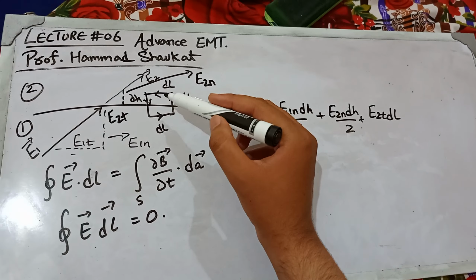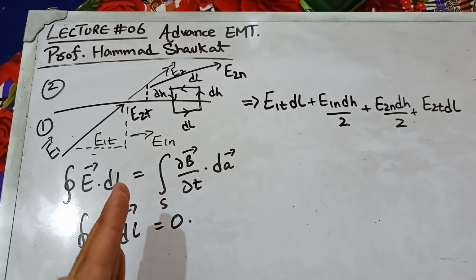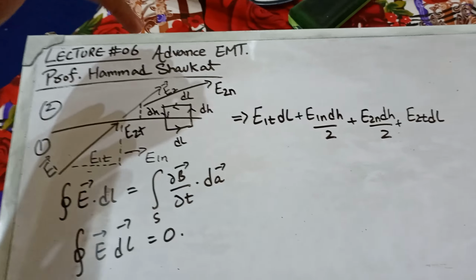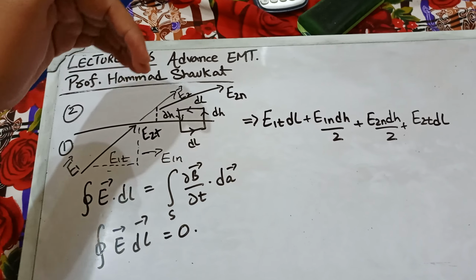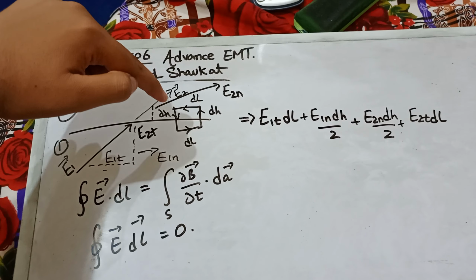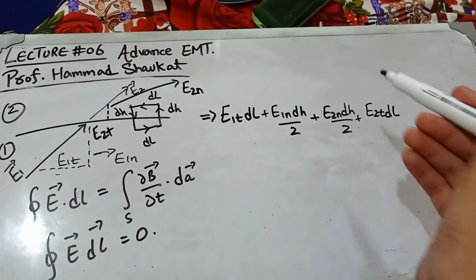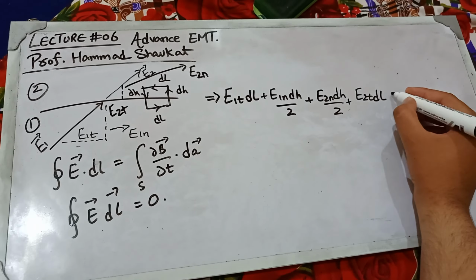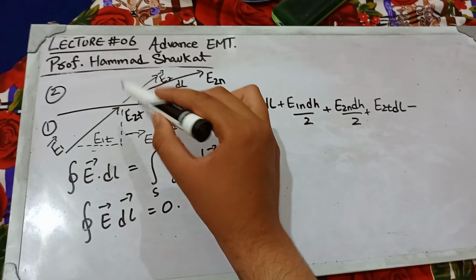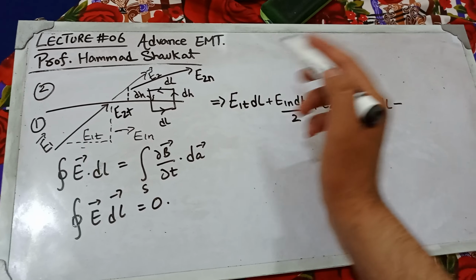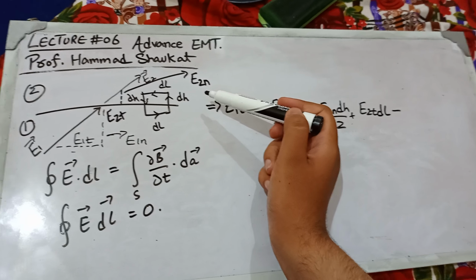Now you can see your electric field is going in this direction, and your length is in the opposite direction. After crossing, you're going into the other medium, so this is the opposite direction. For the opposite direction, we have to write a minus, and again half of dh in the second medium, and for the downward we use e2n.